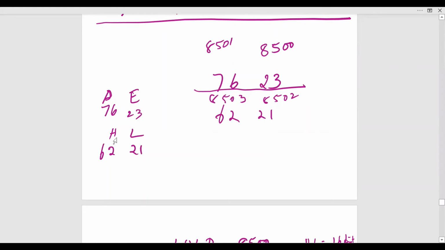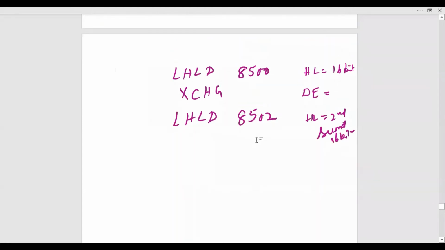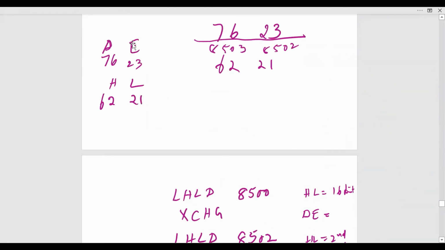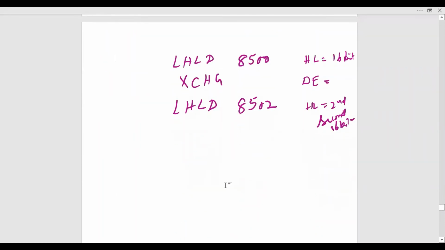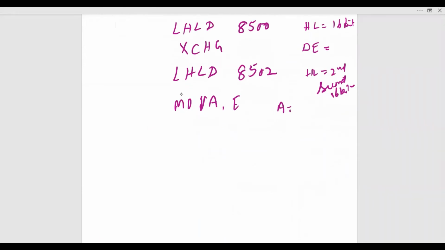Now for the subtraction, first we have to subtract the lower byte of the 16-bit number, right? So now the two numbers are in the HL pair and the DE pair. Now the E. So first we have to subtract L, that is 21, from the E content, that is 23. So for that, what we do is MOV A, E. That is, A now consists of the first lower byte number, that is 23.